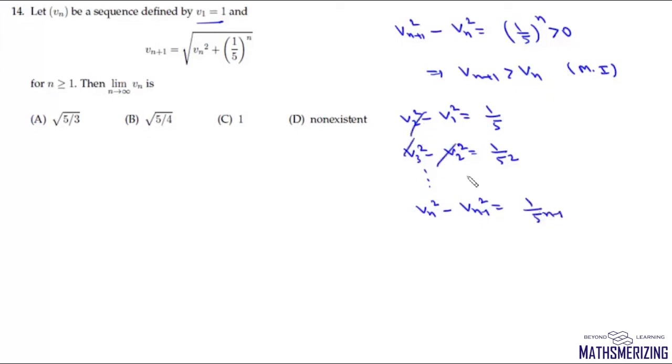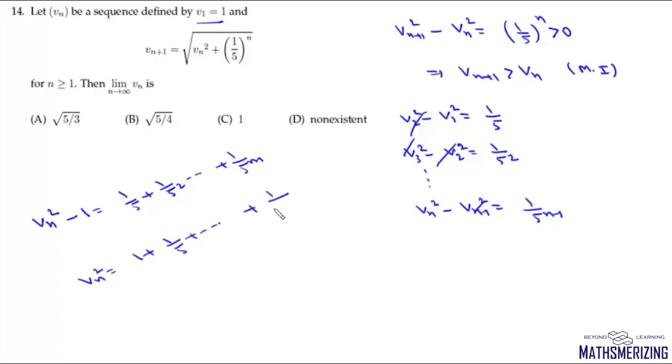Now we'll add everything. We can write Vn square minus V1 square, which is 1, and it'll be 1 by 5 plus 1 by 5 square up to 1 upon 5 to the power n minus 1, that is, Vn square is 1 plus 1 by 5 up to 1 upon 5 to the power n minus 1.